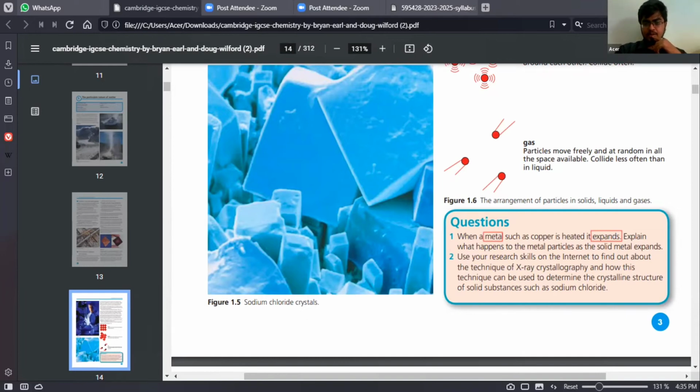Moving forward, use your research skills on the internet to find out about the technique of X-ray crystallography. What's crystallography? Crystallography is a process to create crystals, to study crystals, and to do some analysis on them.